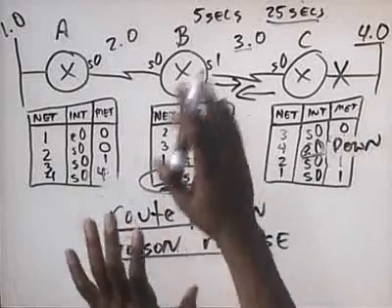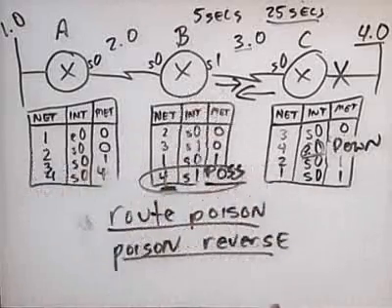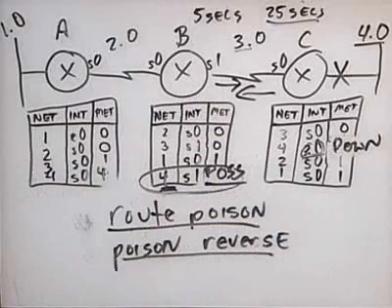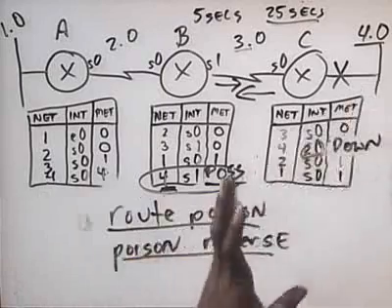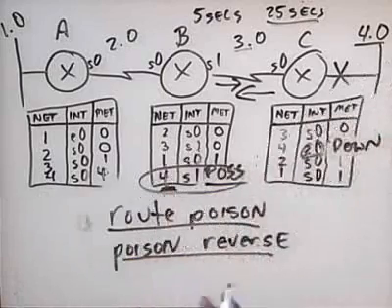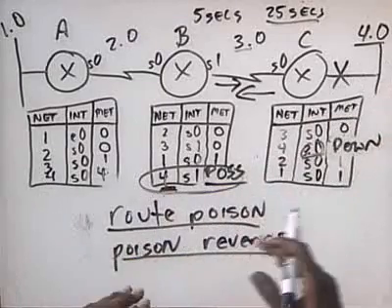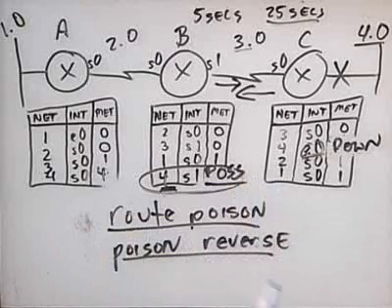In other words, Brenda says, yeah, you're right, the network's down. But in my table, I'm going to say possibly down. I don't know what issues are going on over there on that router C. I don't know what's going on over there. But I'm just going to say it's possibly down.